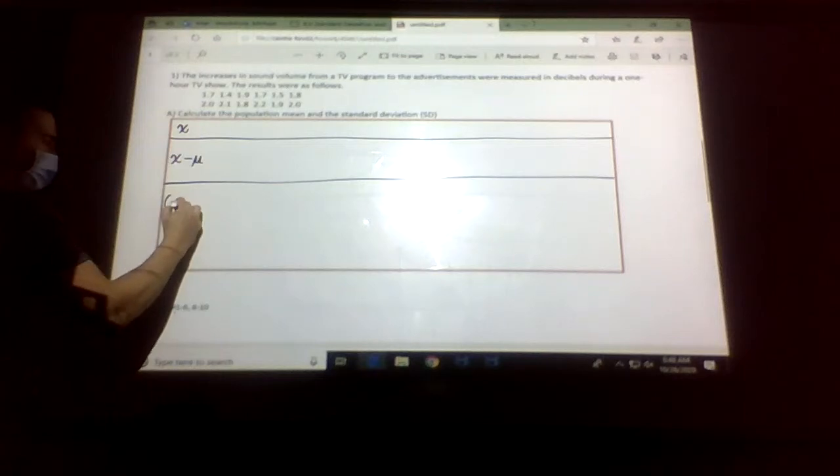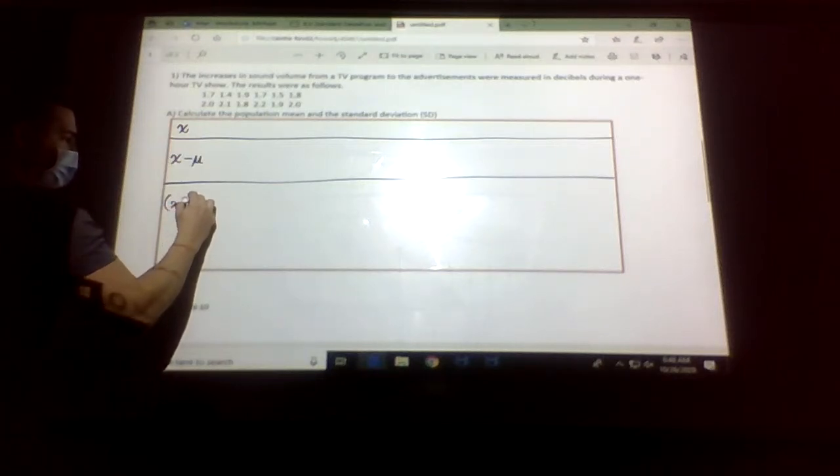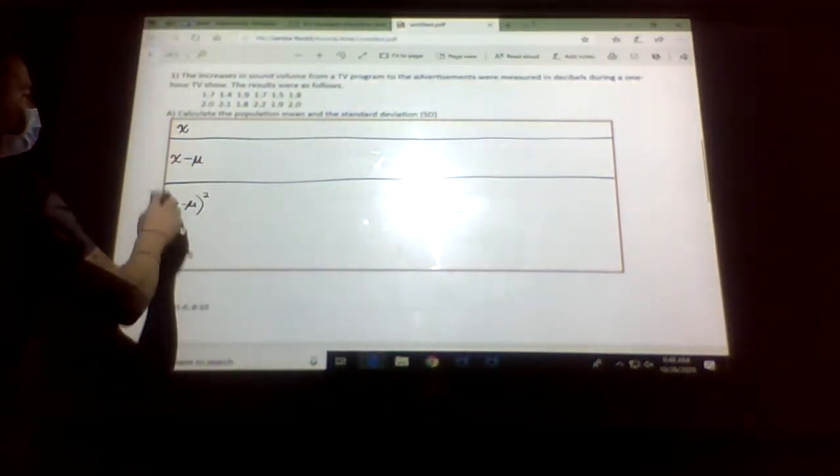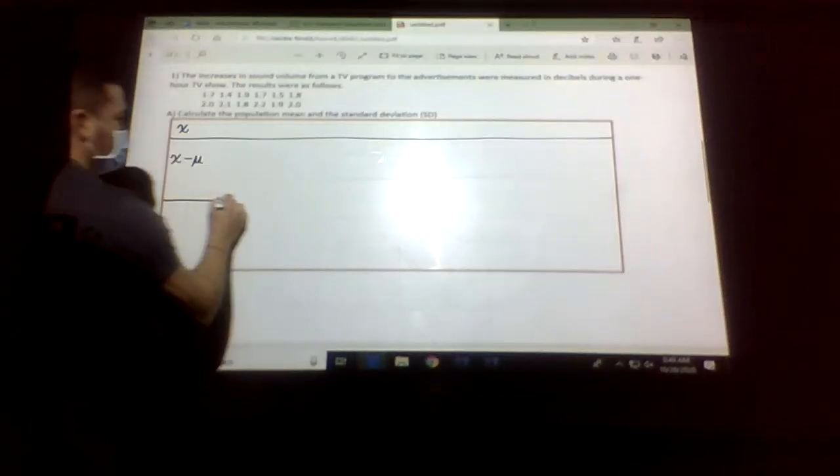Then we're going to take each one of those and square them. I'll leave more space.